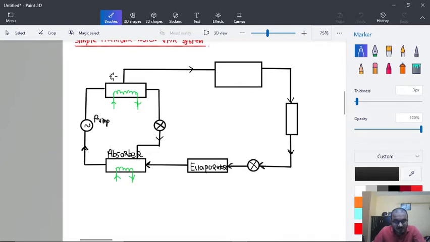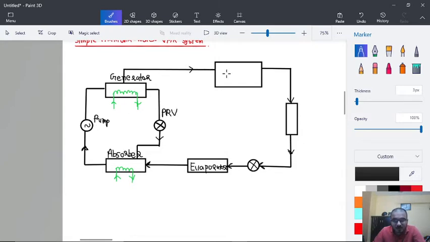Then we have generator here. Here we have, this is PRV. PRV means pressure reducing valve.